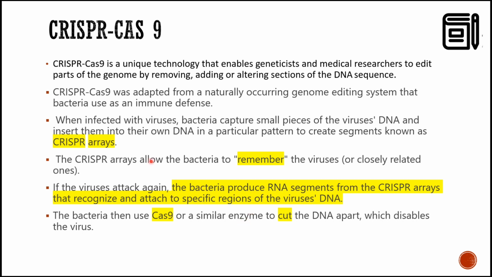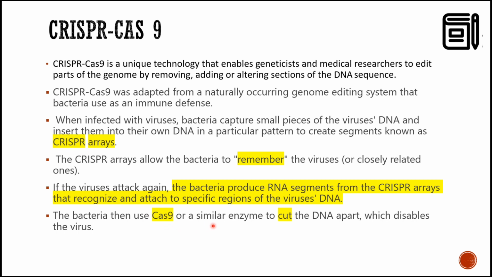So they create the CRISPR arrays, and if the virus attacks again, the bacteria produce an RNA segment from the CRISPR array, which is able to recognize and attach to a specific region of the virus's DNA. The bacteria use Cas9.